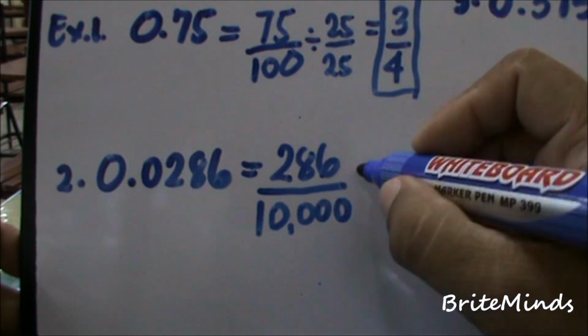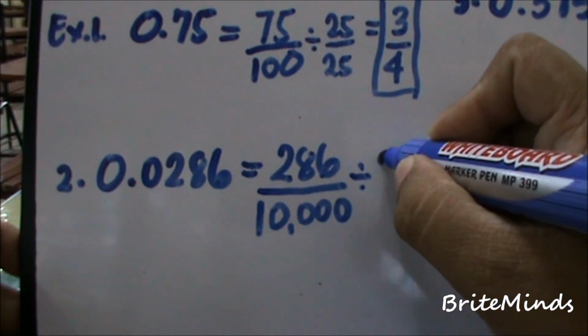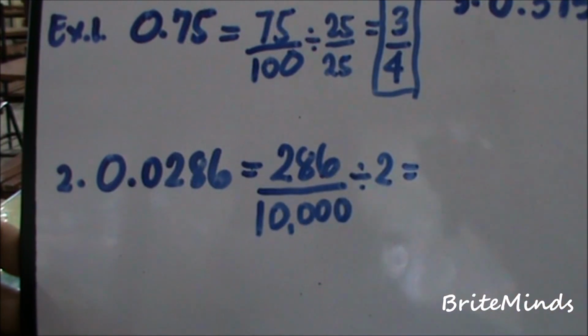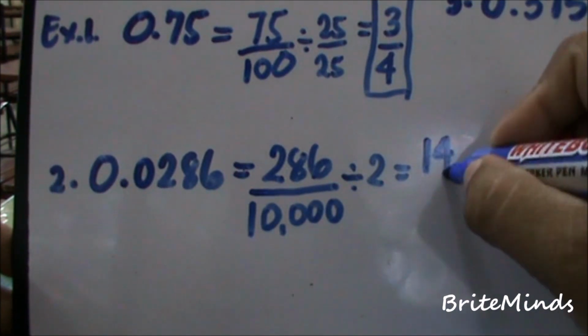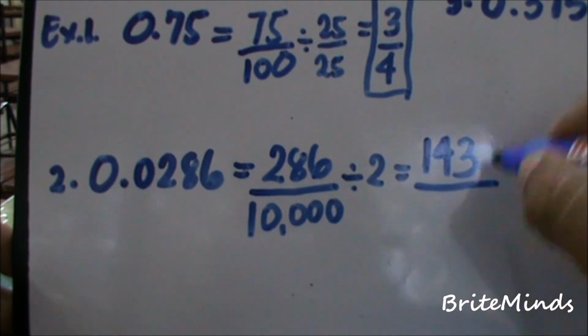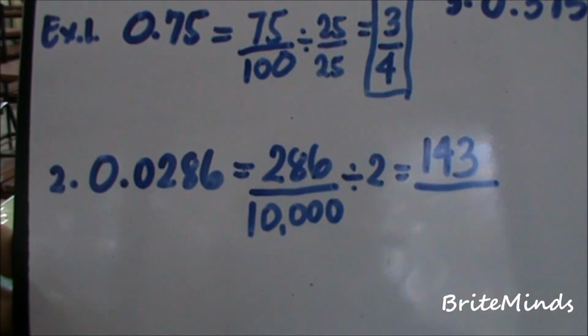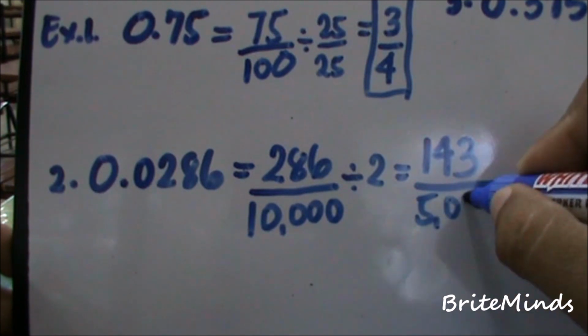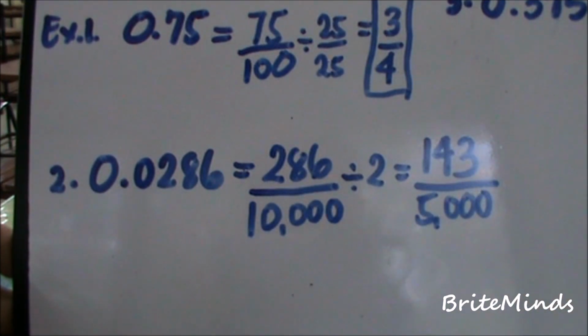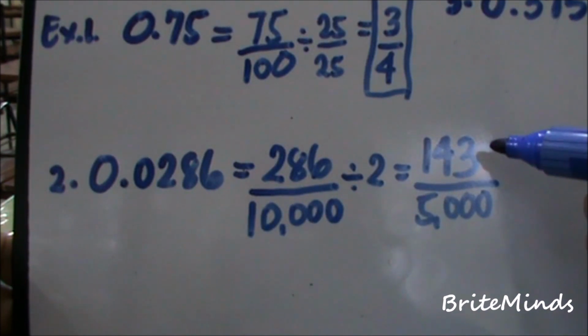So we divide by 2. 286 divided by 2, the answer will be 143. And then 10,000 divided by 2, the answer will be 5,000.